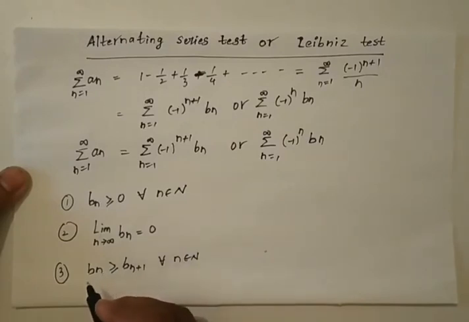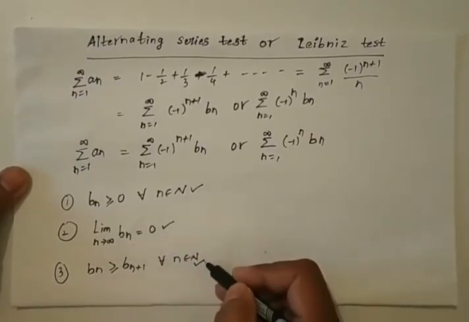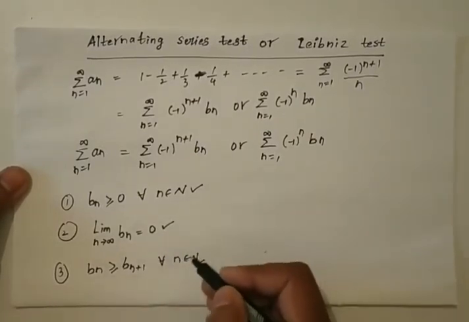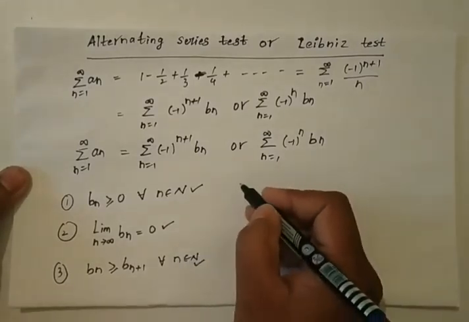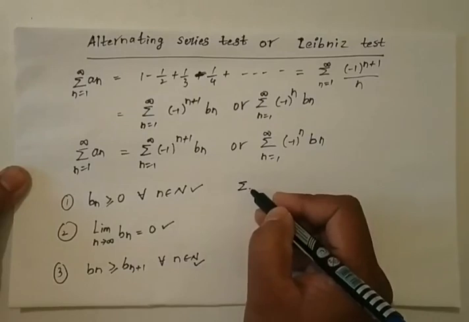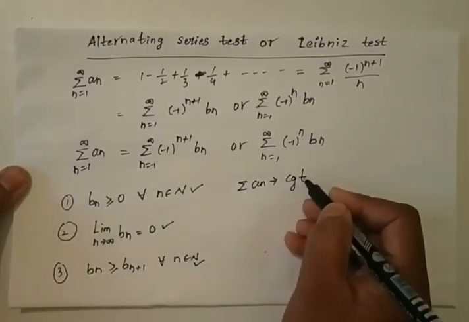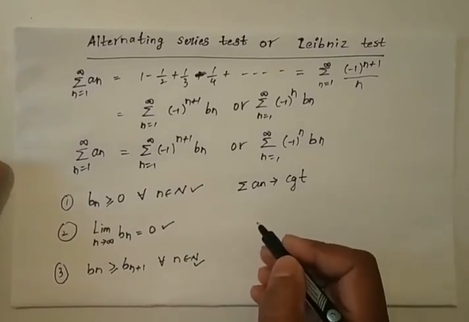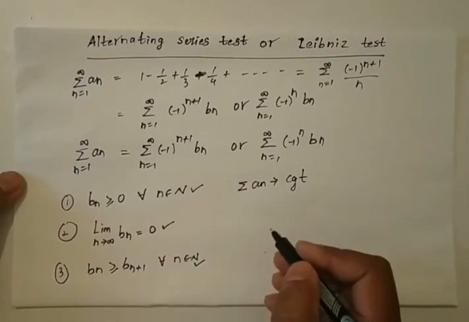If these three conditions are satisfied, then we can say that the series, summation an, is convergent. So this is the alternating series test.